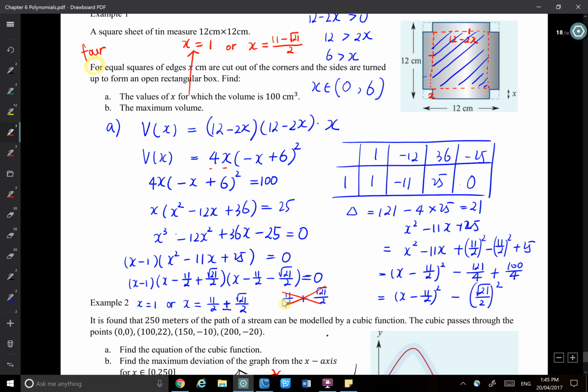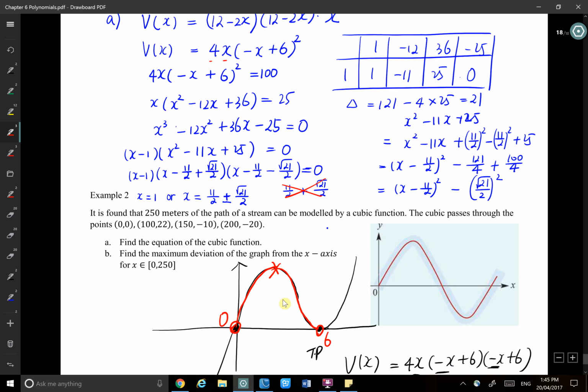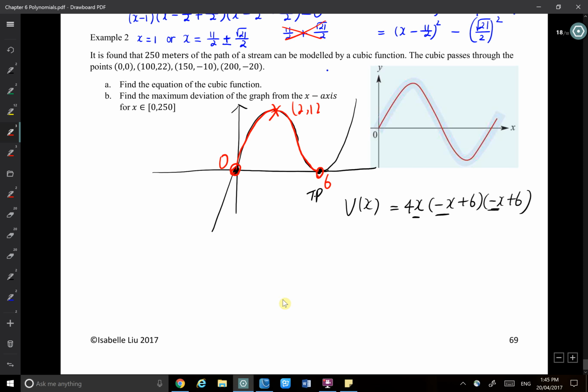That is 128 centimeters cubed. So 2, 128. Can you see 2, 128? 2 is not in the middle of 0 and 6. In between 0 and 6 should be 3, but actually the maximum exists at 2. That's what I want to say for this question.